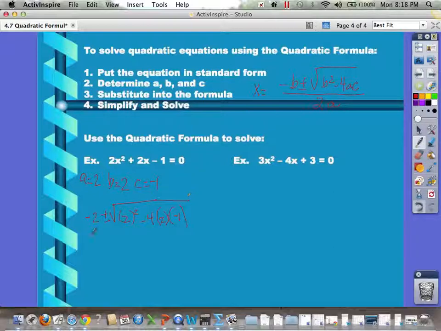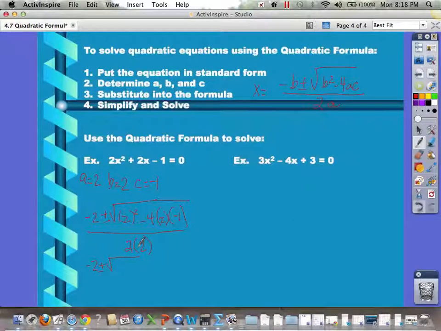Alright, that's all divided by 2 times my A. Now, I recommend that you do all this underneath the radical first if you're going to use your calculator. So that's going to be minus 2 plus or minus the square root of something.